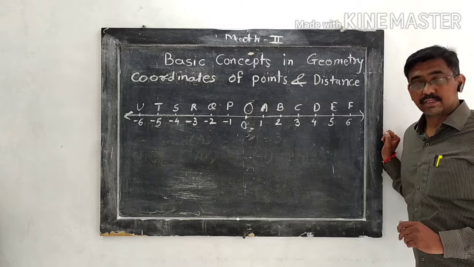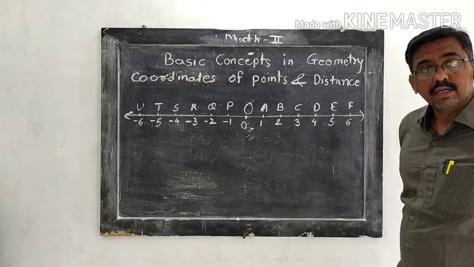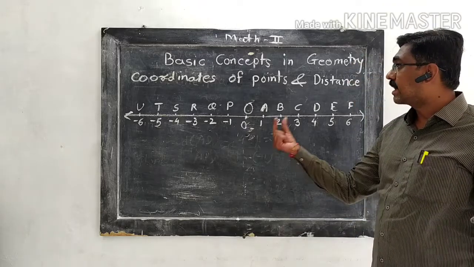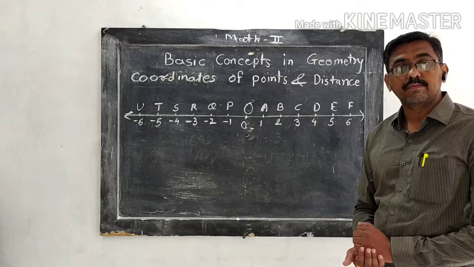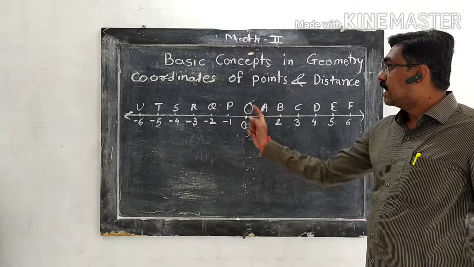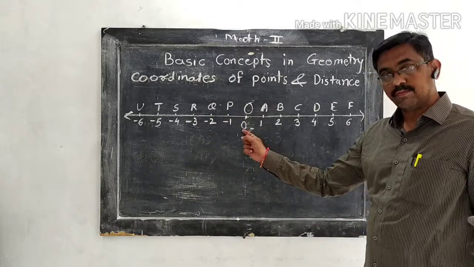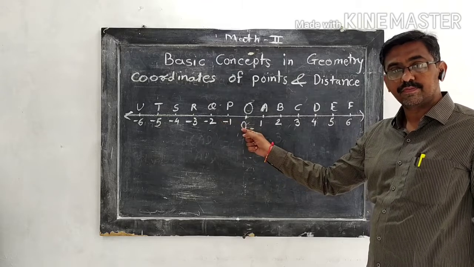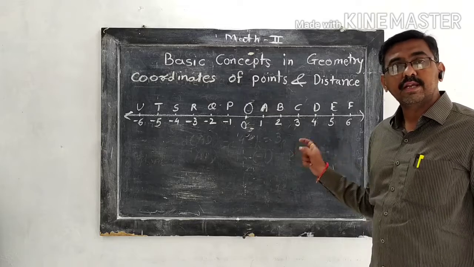Now we have to discuss the distance. To get the distance, we have to subtract the smaller coordinate from the bigger coordinate. As we know the property of the number line, the numbers on the left of 0 are smaller than 0, and every number on the right of 0 is greater than 0.